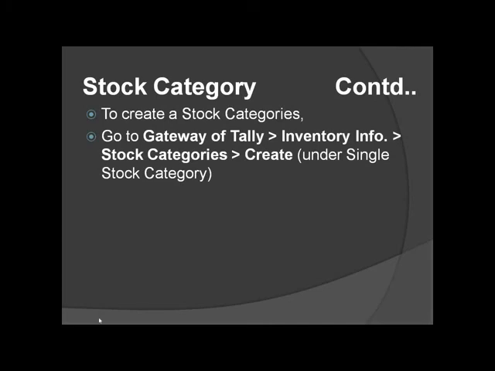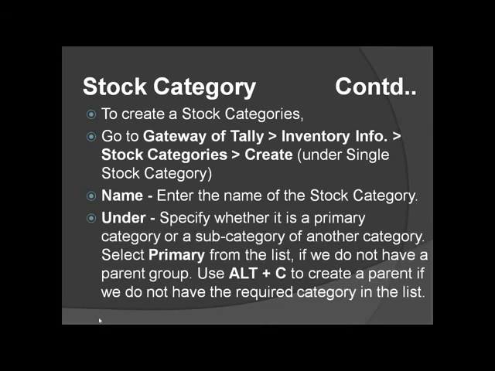It displays the stock category creation screen wherein we provide the details. Name: enter the name of the stock category. In the next option, specify whether it is a primary category or a subcategory of another category.